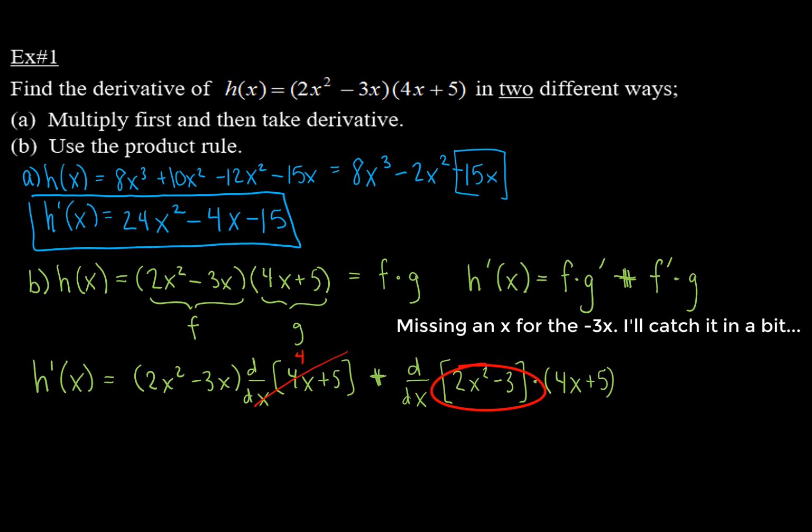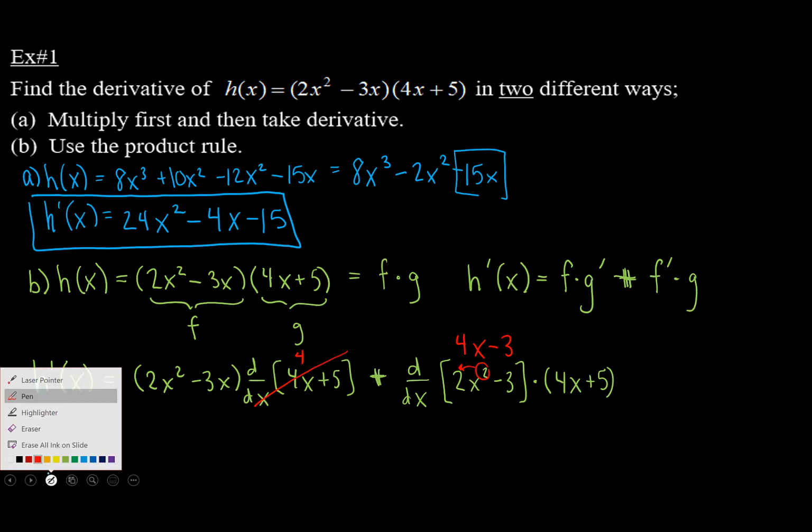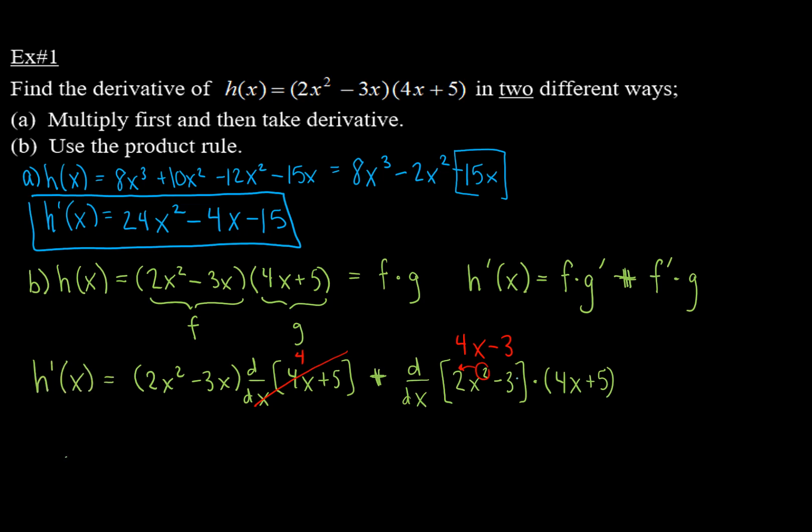Now the derivative of the first function, if I use my power rule, I take the 2 times 2, this is going to give me 4x to the 1 minus 3. Sorry, I wrote my x in there for my first function, but it didn't go through. So that's the derivative. Okay, let's combine terms.